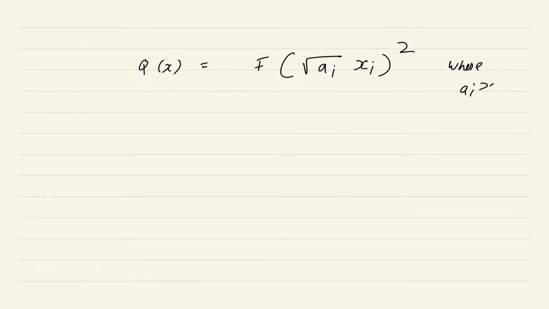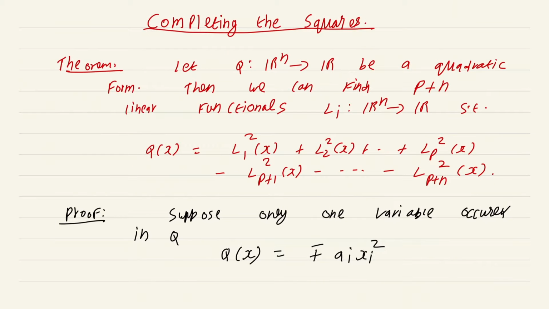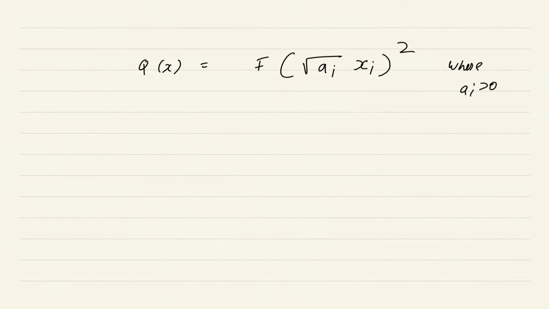You can just write Q of x as plus or minus square root of ai times xi, squared, where ai is greater than 0. So I'm assuming here also that ai is greater than 0. Otherwise there was no reason to put a plus or minus in front if ai is allowed to be negative also. So the case r equal to 1 is trivial.